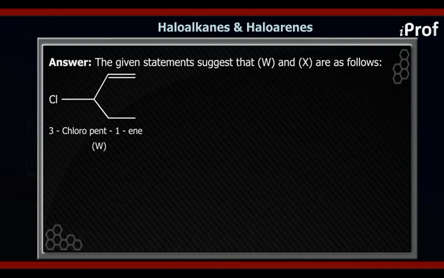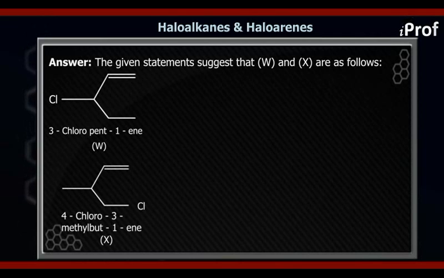The second optically active isomer of C5H9Cl could be, we have a carbon in the center, one group can be CH3, another group can be H, the third group can be CH2Cl, and the fourth CH=CH2.